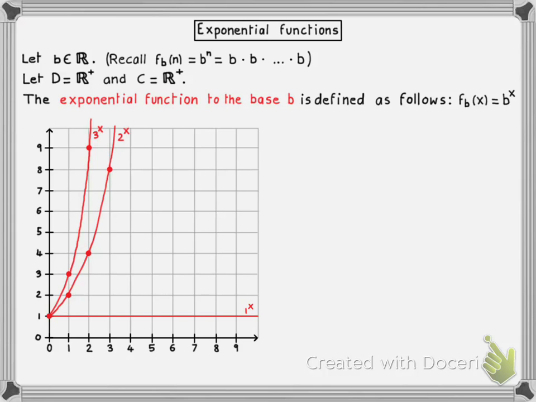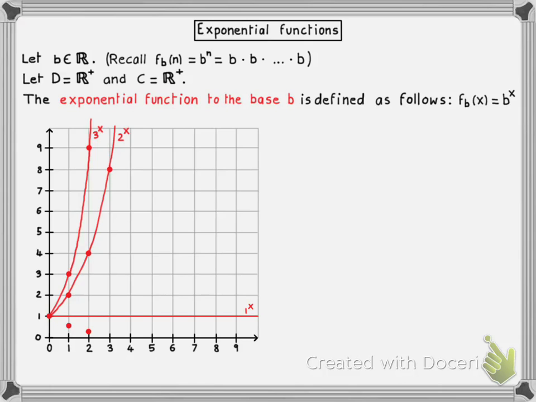Now, what happens when the base is not an integer? In fact, what happens when the base is less than 1, say 1/2 or 0.5? Well, let's draw the graph for that function. So let's say b is equal to 1/2. 1/2 power 0 is 1, so the function is again going to start here. 1/2 power 1 is 1/2. 1/2 squared is 1/4.